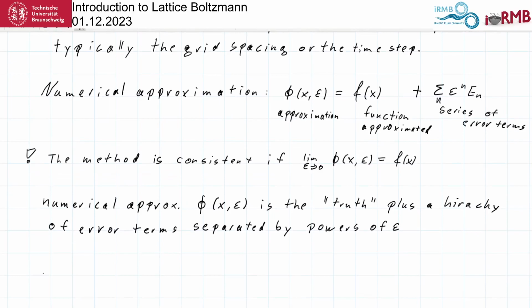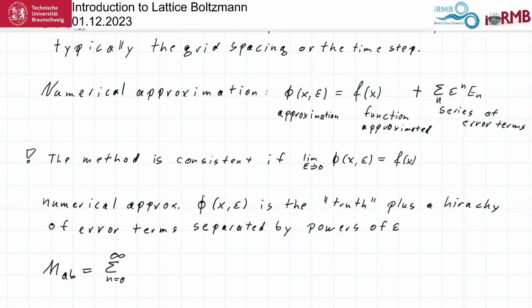What does this mean? Very abstract. Now suppose we look at our moment MAB, right? So this moment MAB is supposed to give us first the actual solution at the leading order and then a hierarchy of error terms. So this means we could write this like this. We start at n equal to 0 and we go to infinity.